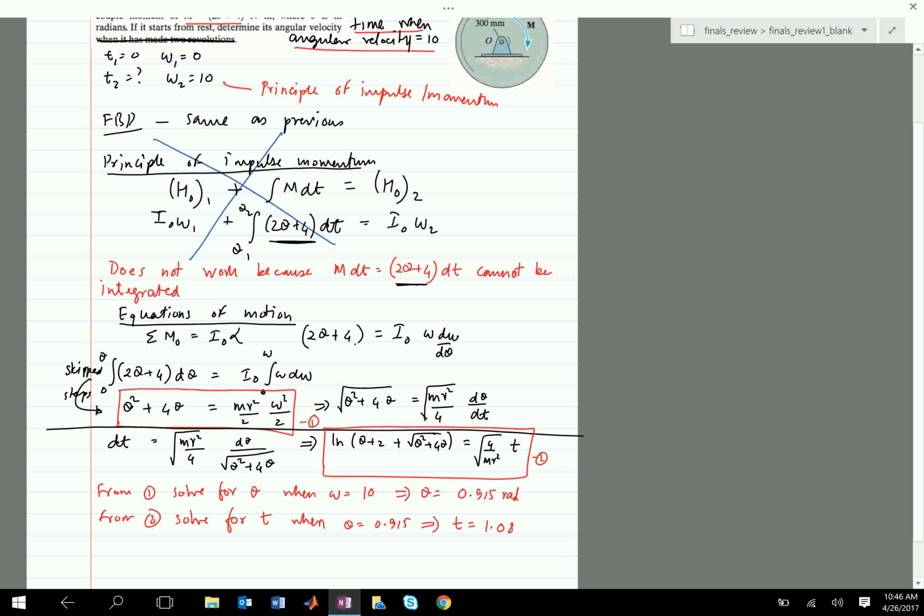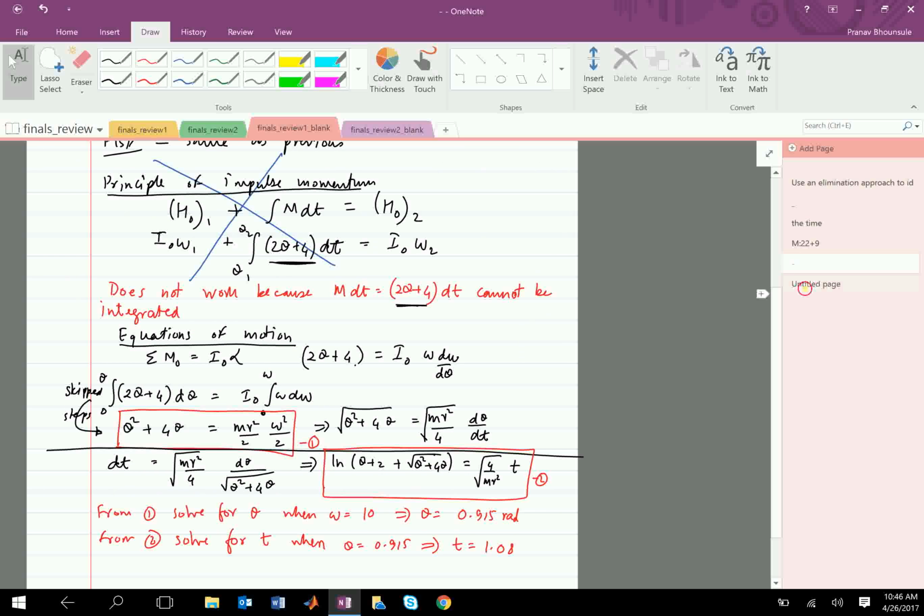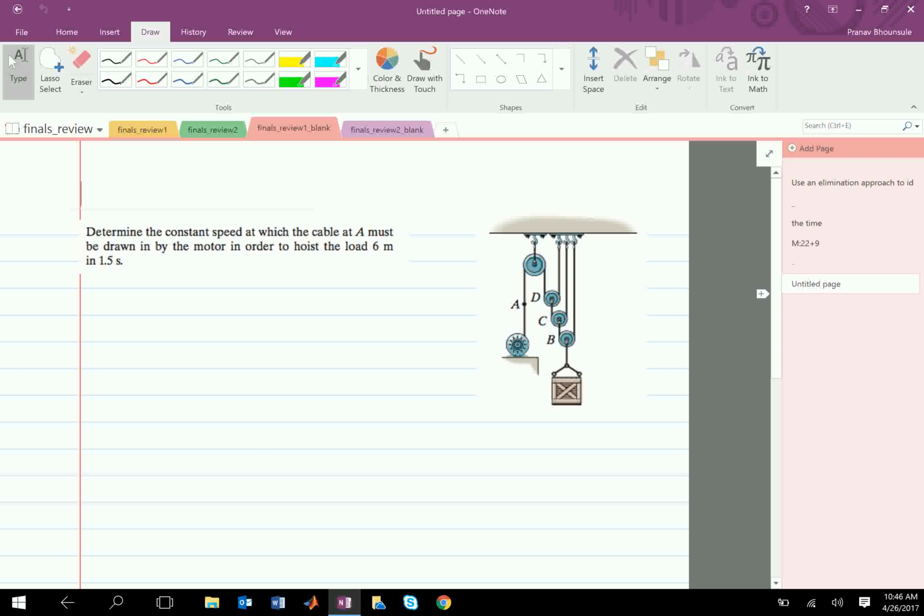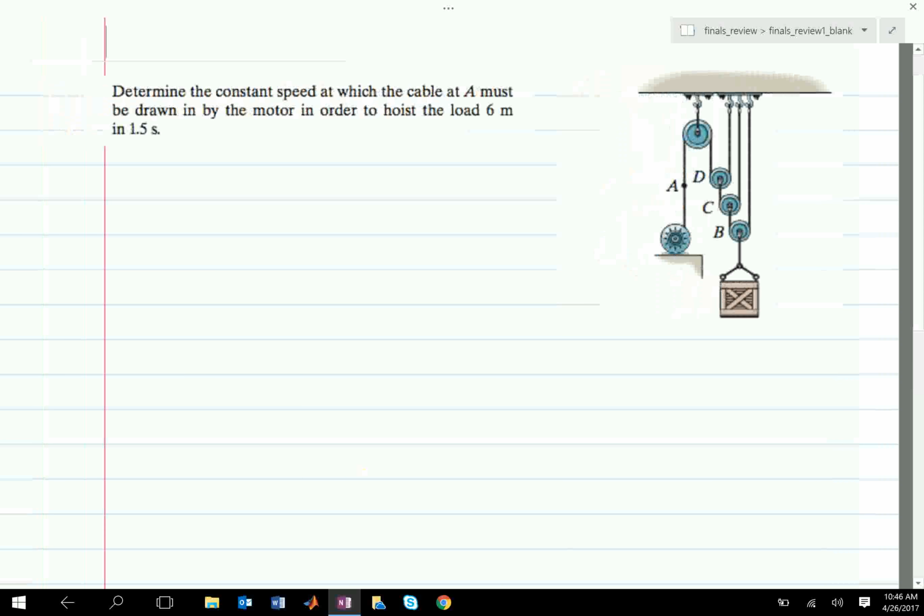So again, when I'm solving this, I'm using the first page where I gave you a recipe. I'm actually going through that recipe to solve this. The last problem, and what's the time? 4 minutes. Okay, I think I should not solve this problem, but let you solve this problem.